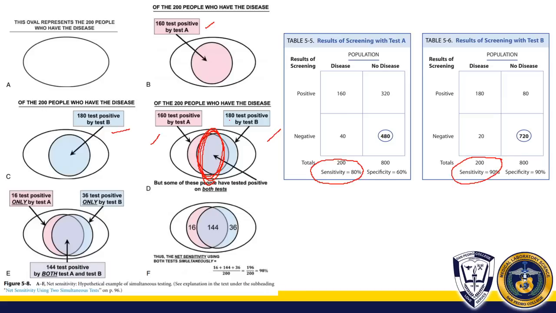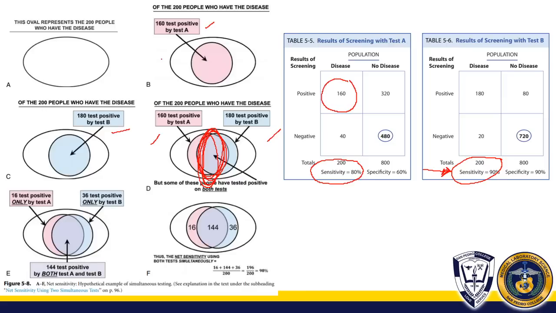Now, since test B has higher sensitivity, we could assume also na 90% aning 160 na nag-true positive kay mo-positive pod ani sa inyohang test B. 90% of those individuals nga naa ning 160 kay positive pod sa test B. So, para makuha nato kani kung pila ang nag-positive both test A and test B, use the sensitivity here in your test B, multiply it by 160.